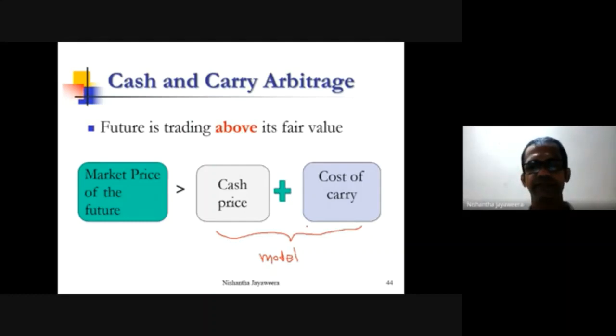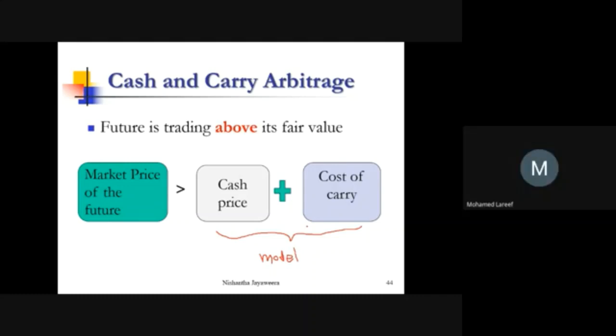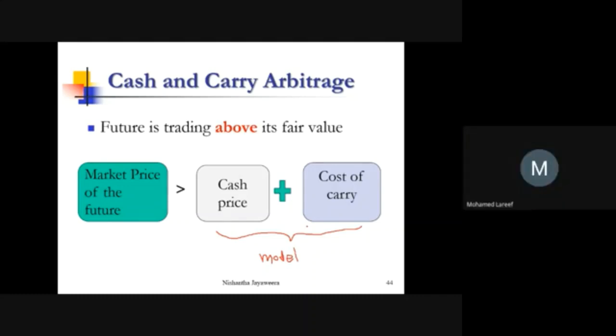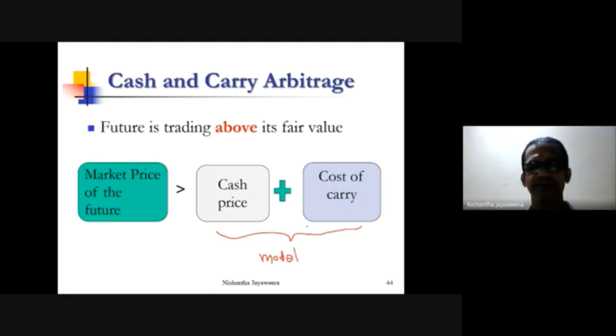Use the concept sell high, buy low. What do you do when the market price of the futures is high? Sell it, sir. Sell what? Sell the basis. Okay, without confusing with the basis, tell me whether you sell the futures or sell the underlying.